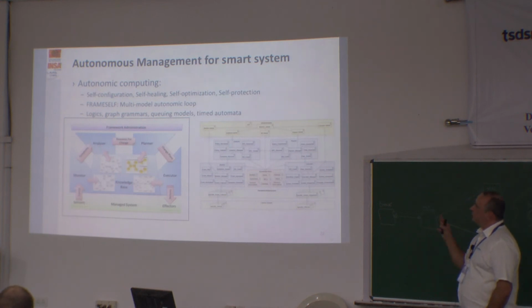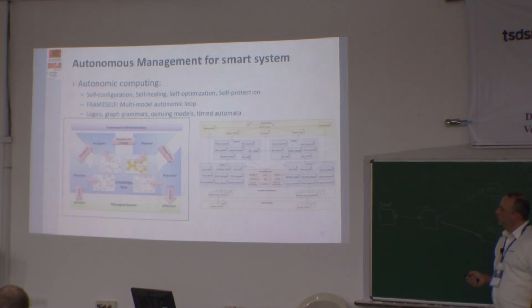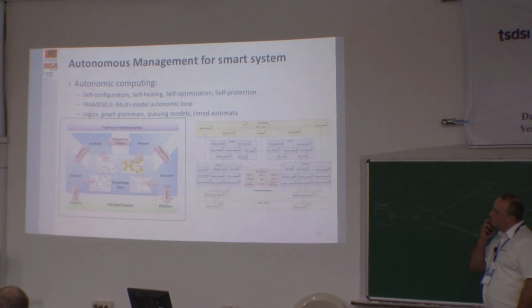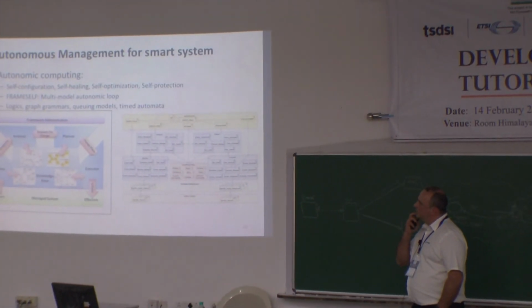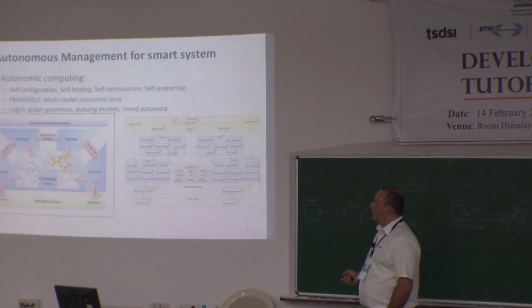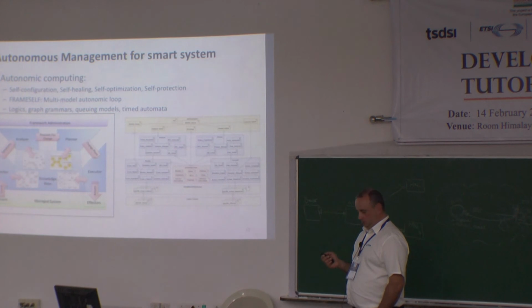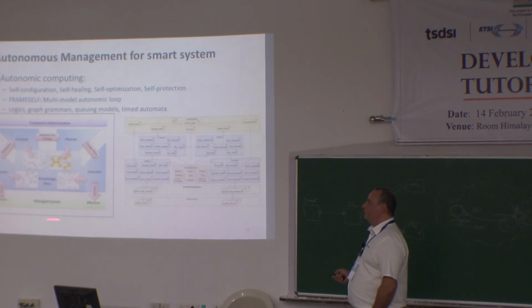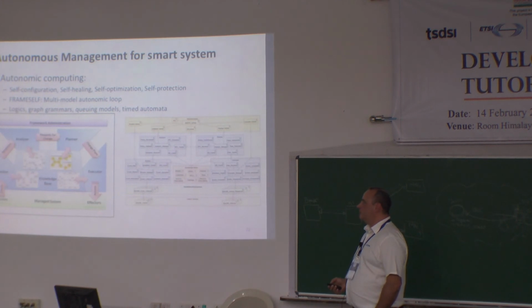And to manage all these models, we use an autonomic system. This is a theory deployed by IBM in 2001. And in this system, we make a loop, a control loop. So we want to manage a system. The system gives information.